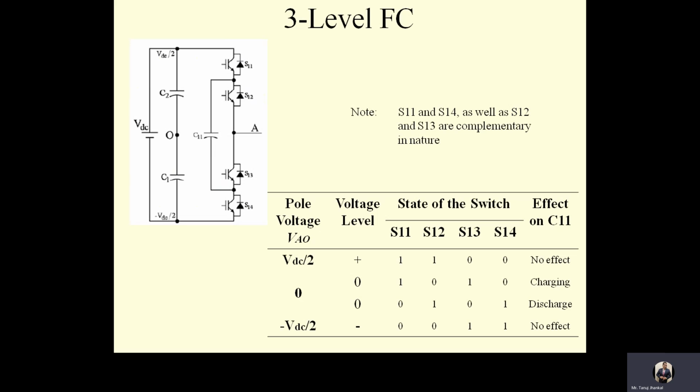Now from C11 to switch S14, from S14 I will go to the point below the C1 capacitor where I am observing a minus VDC by 2 voltage. Here we are having minus VDC by 2, earlier we were having VDC by 2. So the net voltage across O and A point is 0. So we have two switching states for the 0 voltage level.